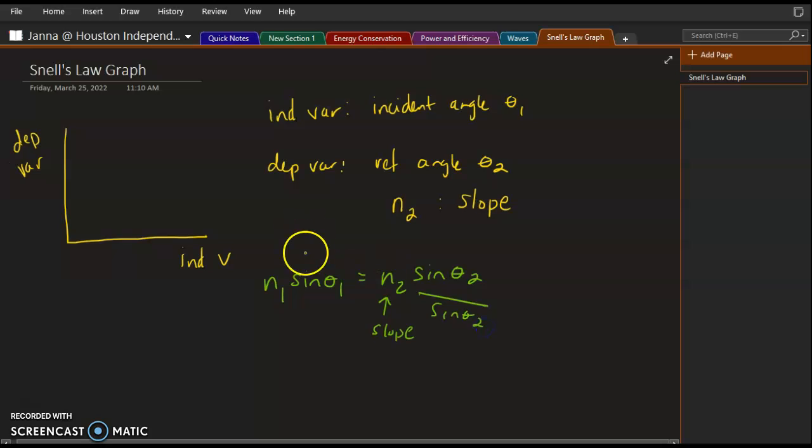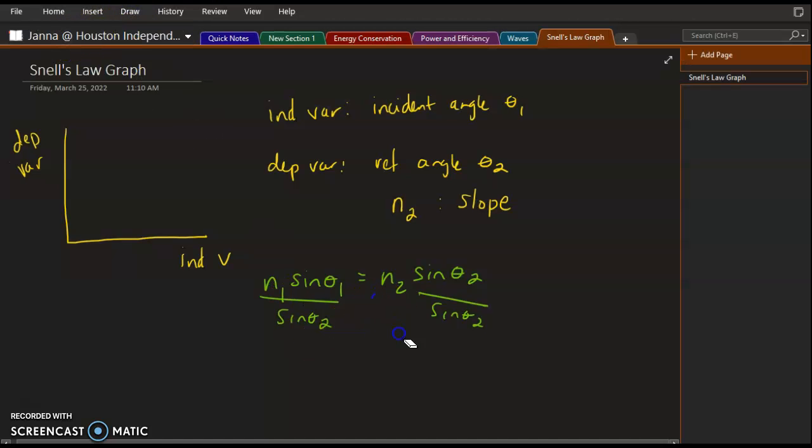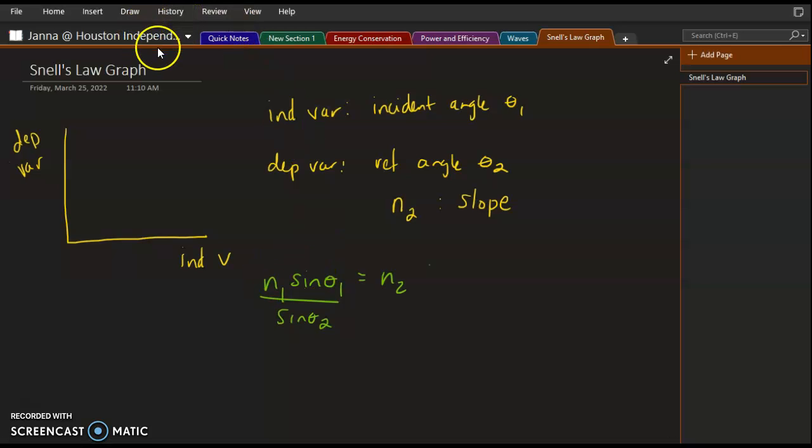If I divide both sides by sine theta 2, I now isolate my N2. Okay, so to get N2, I need to have N1 sine theta 1 divided by sine theta 2.